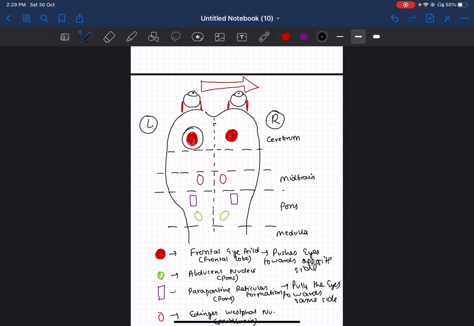So first the left frontal eye field is activated. It will activate the right PPRF. The right PPRF will activate the right abducens nucleus, and the right abducens nucleus will cause activation of the right lateral rectus.